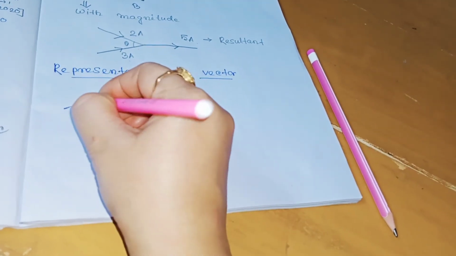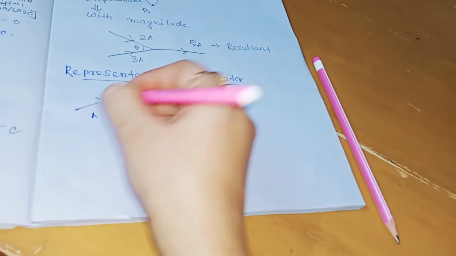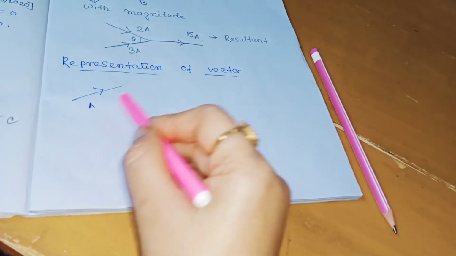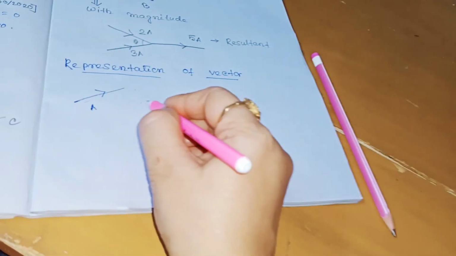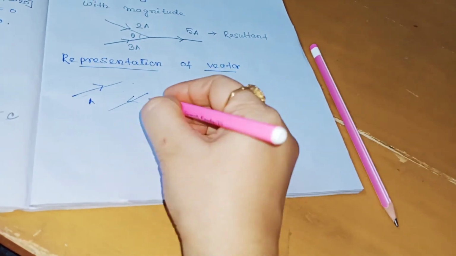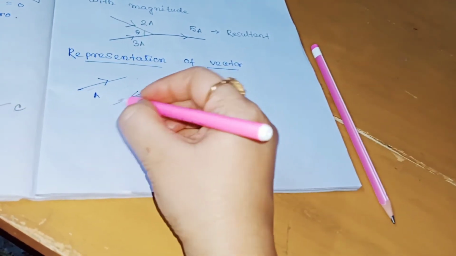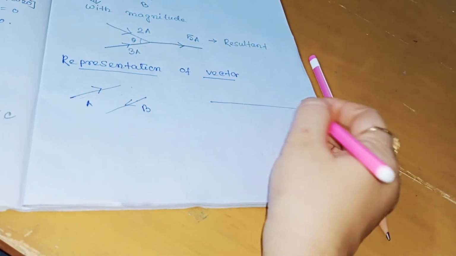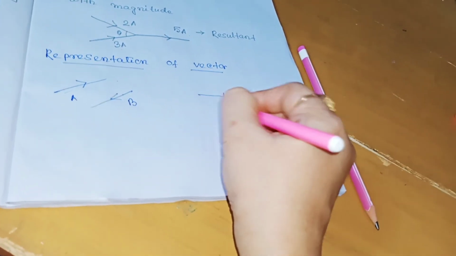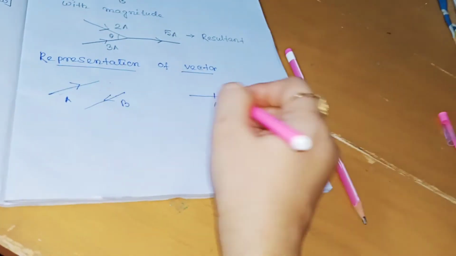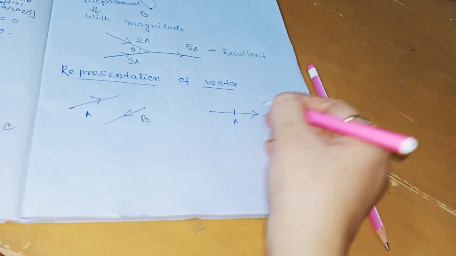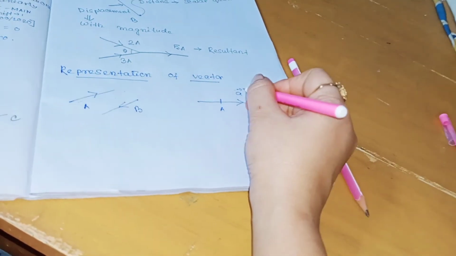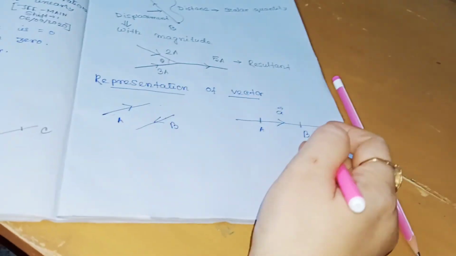It is called vector A. The arrow shows that this vector goes this way, and let's suppose this is vector B. So this shows that this vector goes this way. So when we plot a line, here is A and here is B. So A goes to B and it is called a vector. Its direction is from A to B.